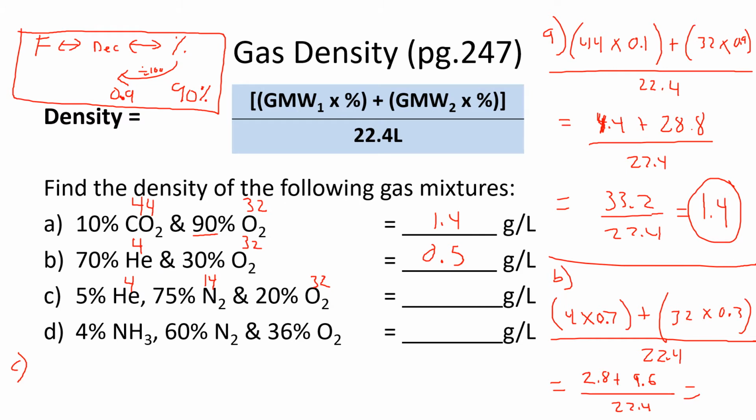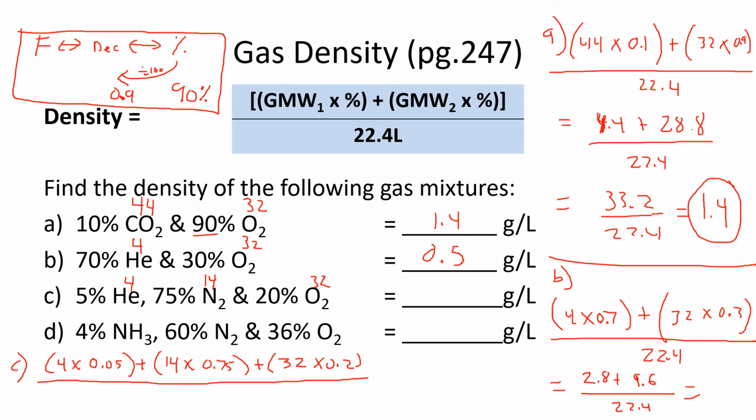So do 4 times 5%, 0.05, plus nitrogen, which is 14 times 75%, 0.75, plus oxygen, which is 32 times 20%, 0.2. Do everything in your numerator before you divide by 22.4, since 1 mole occupies 22.4 liters.